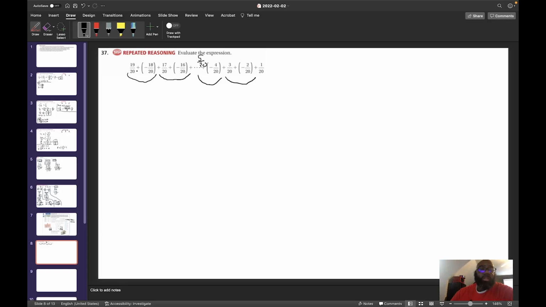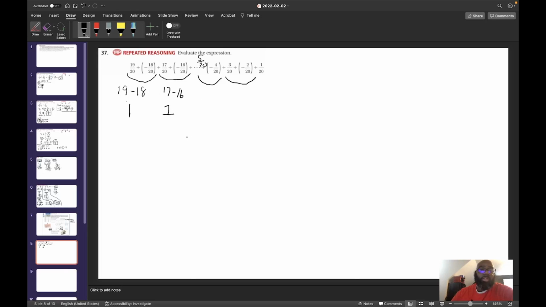Now what's happening is, it's over 20, so it's 19 plus a negative 18, so 19 minus 18, which is just equal to 1. Then this one is 17 plus a negative 16, so 17 minus 16, which is just equal to 1.